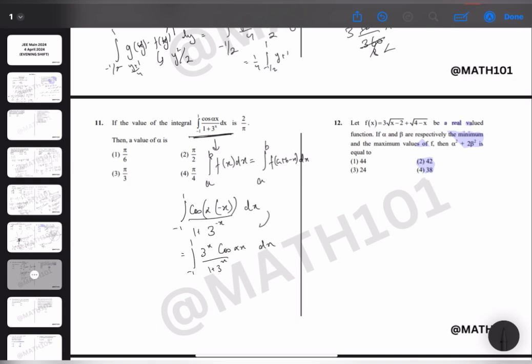So if this is I, this is also equals to I. Adding both of them we get 2I equals to integral minus 1 to 1 cos alpha x into 3 to the power of x upon 1 plus 3 to the power of x plus 1 upon 1 plus 3 to the power of x. So this thing becomes 1.